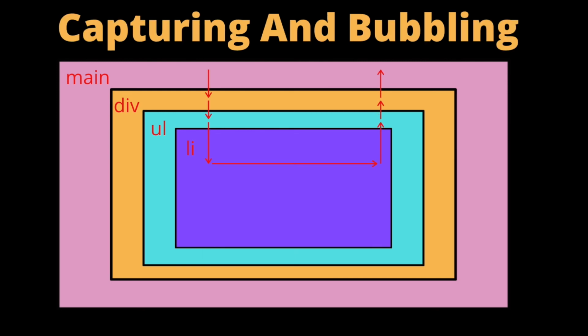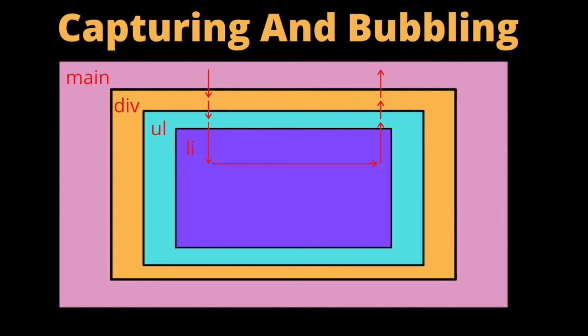So the overall picture is like this. When a user clicks on the LI element, the event goes to the main tag, to the div tag, to the UL tag, to the LI tag, which is our target element.